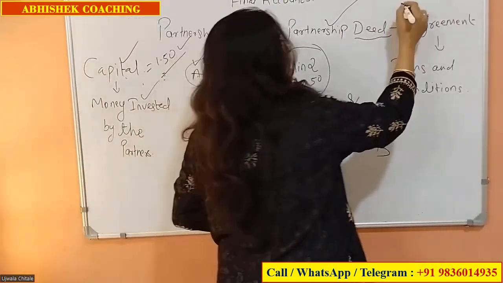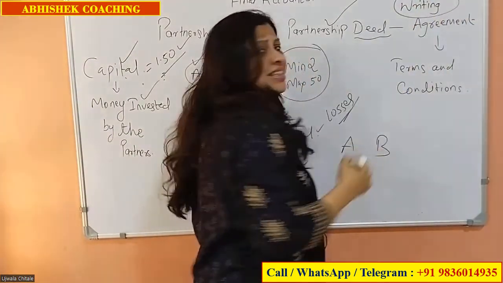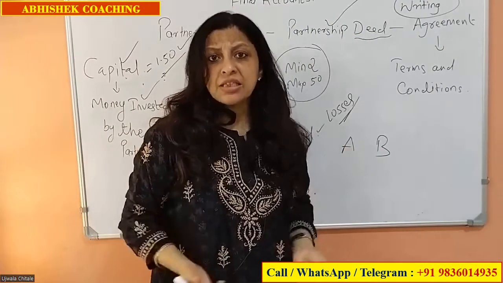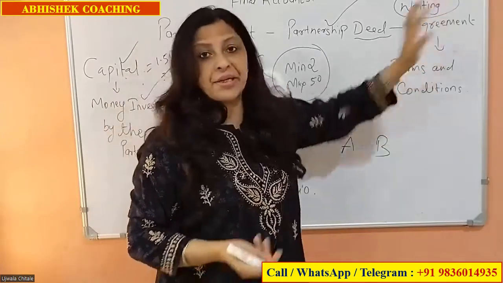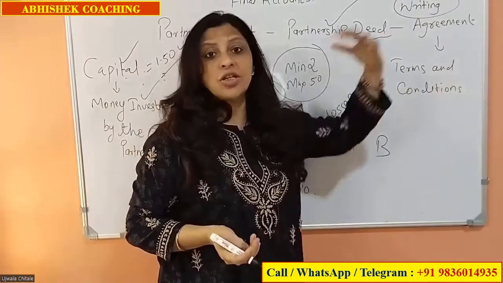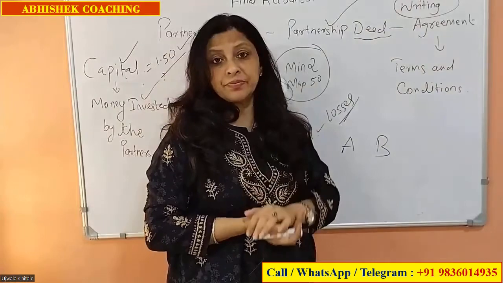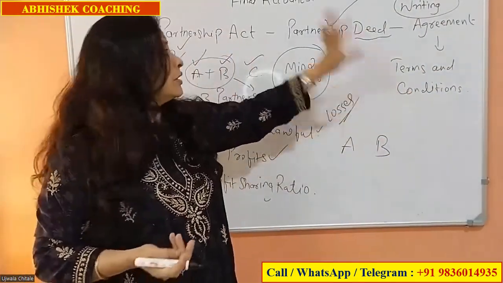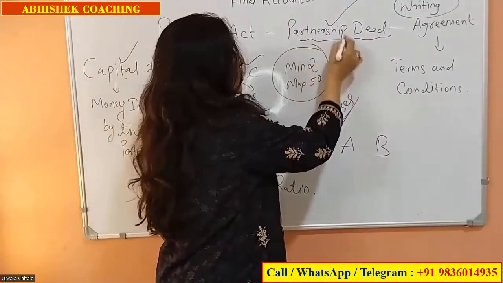The agreement should be in writing, so that even if there is some dispute or misunderstanding, the terms and conditions are clearly written. No partner can go above the terms and conditions written in the agreement. The written agreement is called the partnership deed.